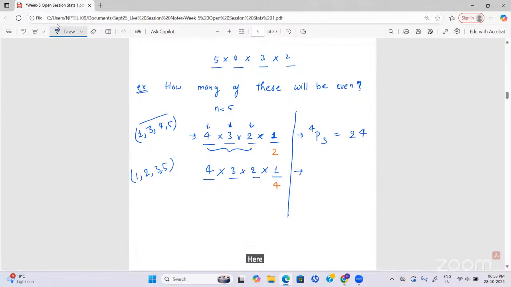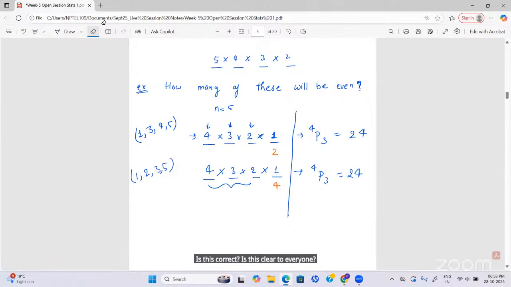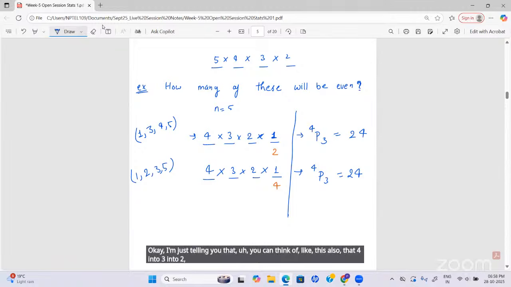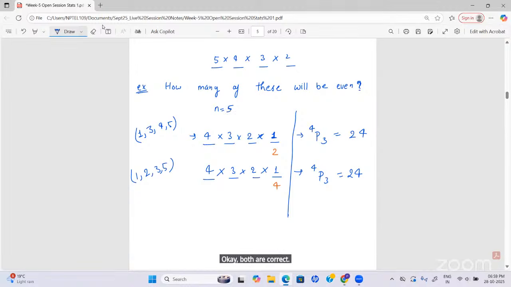Here also, out of these 4 numbers, we are selecting 3 numbers, which can be done in 4P3 ways, which is 24. Is this clear to everyone? You can think of it like 4 into 3 into 2, or you can directly use the formula. Both are correct and both will give you the same answer.